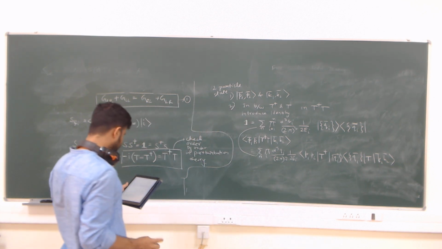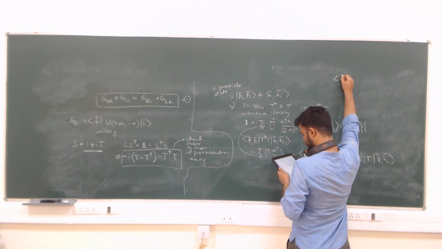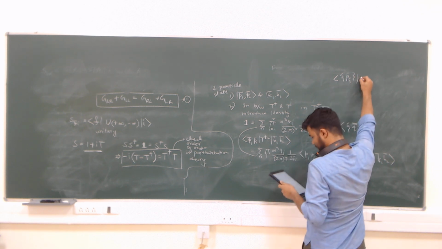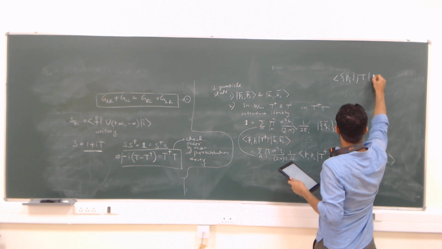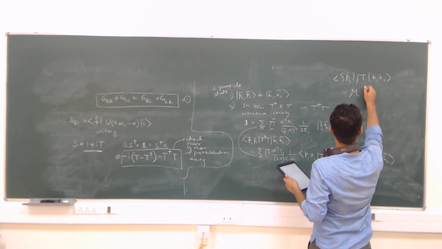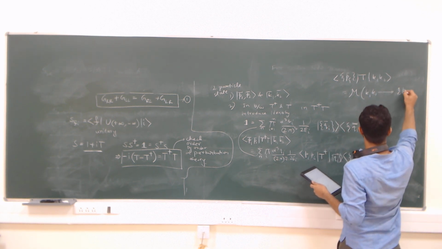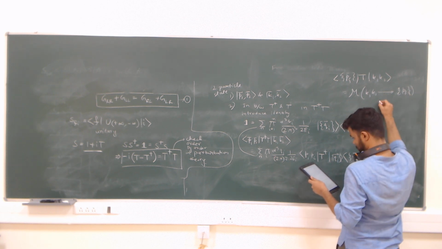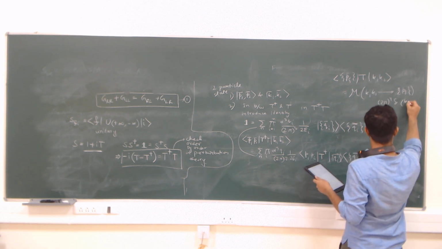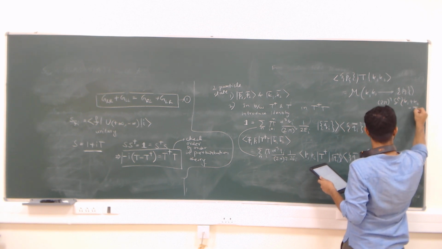Okay, so now if we just use this kind of identity, T is multiplied by T, with the scattering amplitude from K1, K2, and this T is multiplied by 2π to the power 4 delta 4 of K1 plus K2 minus the sum of momenta.